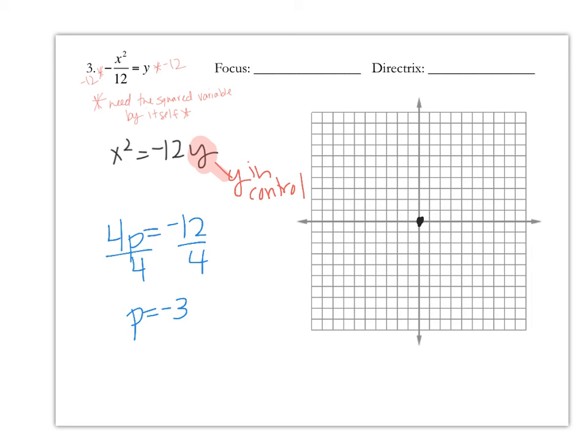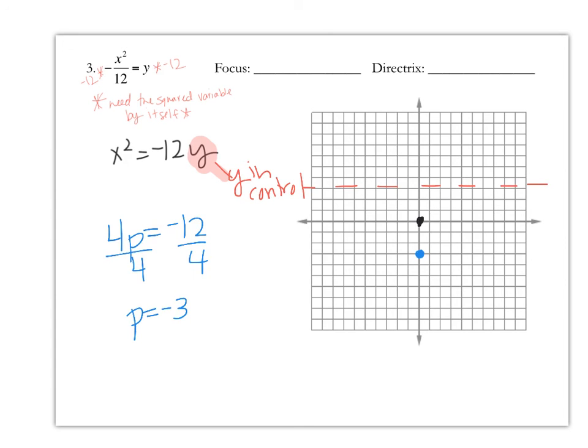So let's see what happens here. We're going to start at 0, 0. And then the p tells me where I'm moving according to the direction of what's in control. So I'm moving -3 in the y direction. So the p, the focus point, is actually going to go down -3. That's always what you graph first. And then we're going to go back the other direction, and that's where the directrix will go.